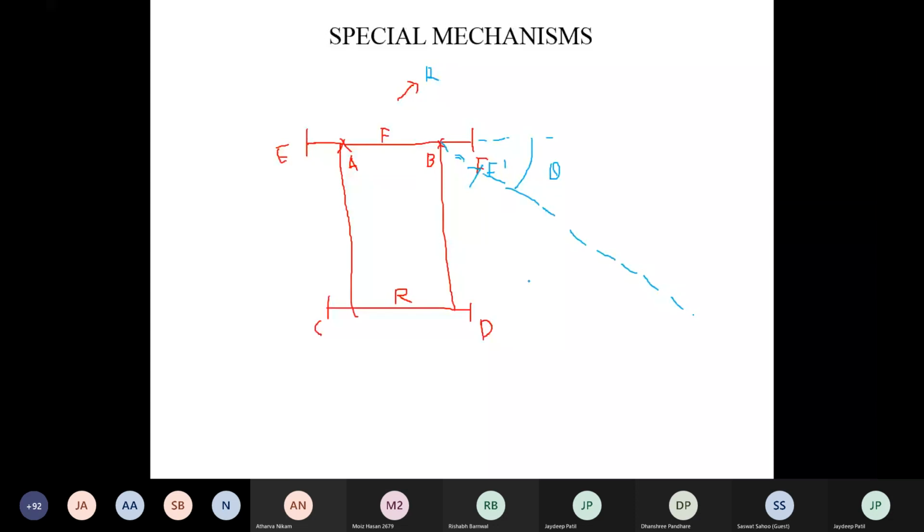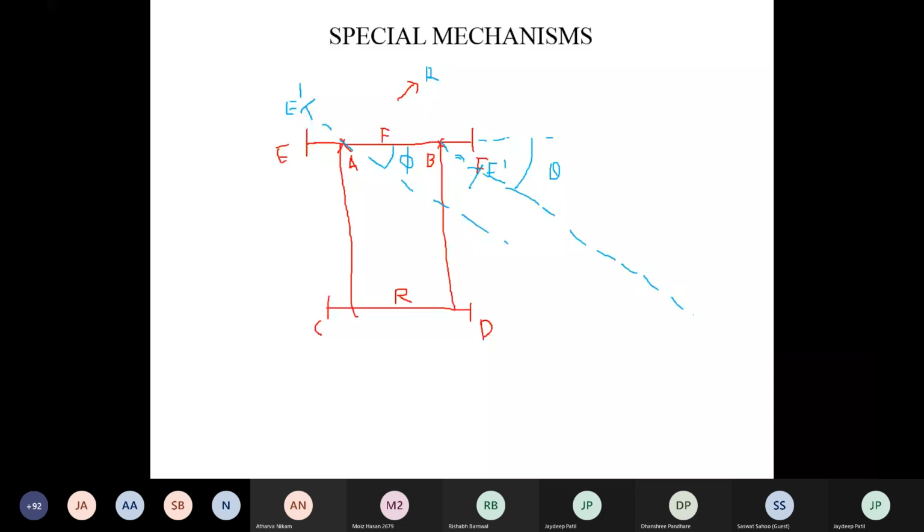At the same time, this E wheel turns at an angle phi. This angle is phi. While the vehicle is taking a turn towards the right, wheel F changes its position to F dash at an angle theta, and E to E dash.